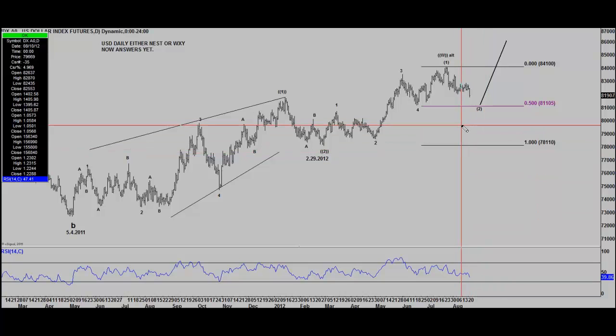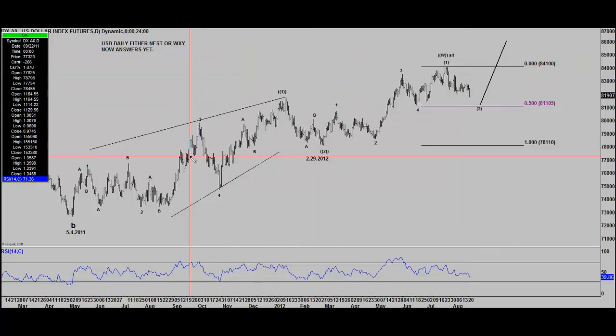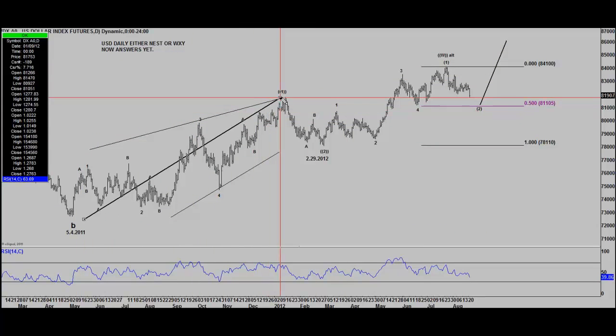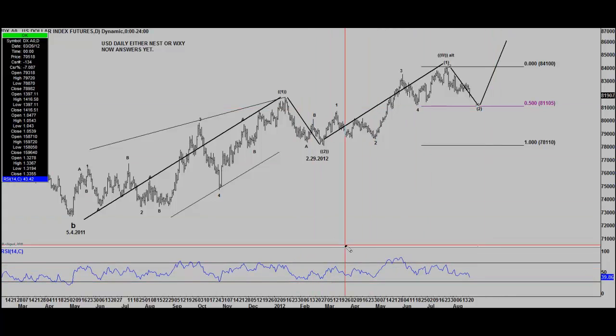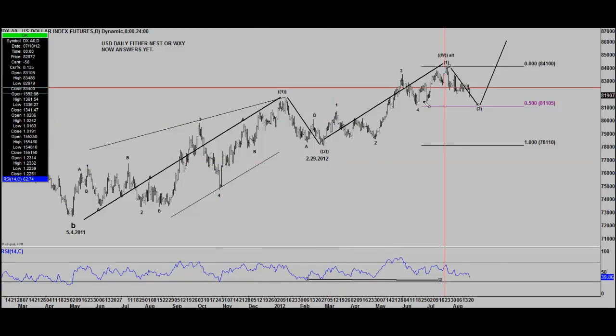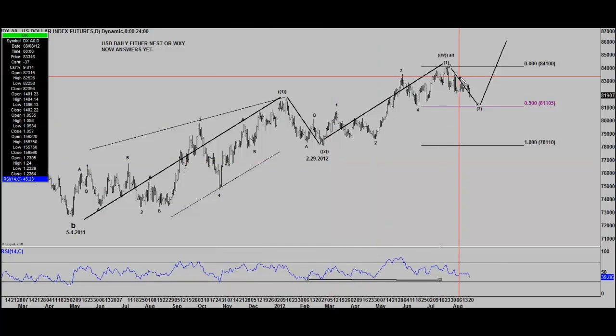So for now, the most aggressive count in favor of the trend is the one calling that the index is in a nest, 1, 2, 1, and is doing a wave 2 with the target at 81.10. Only a close on the daily basis below this low in the RSI is going to eliminate this bullish count.